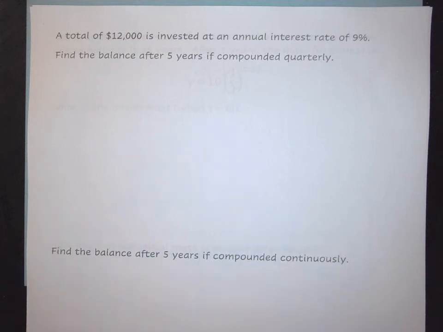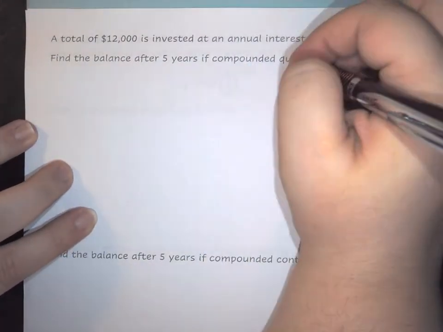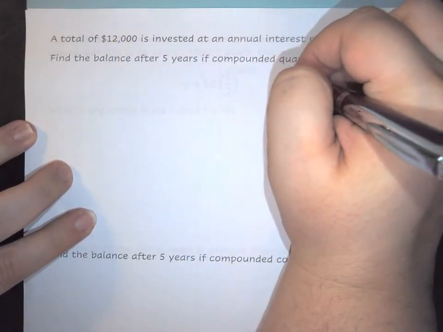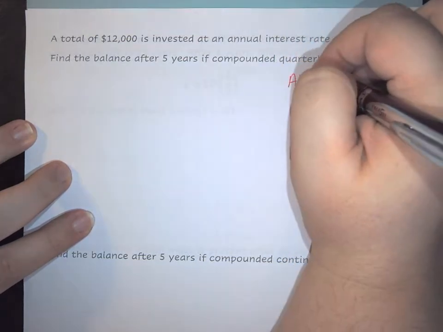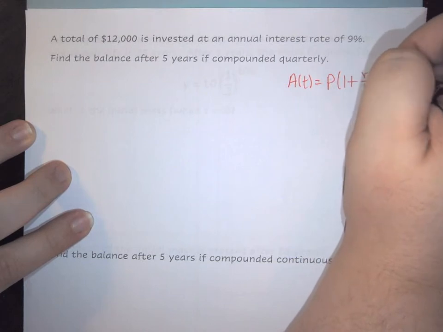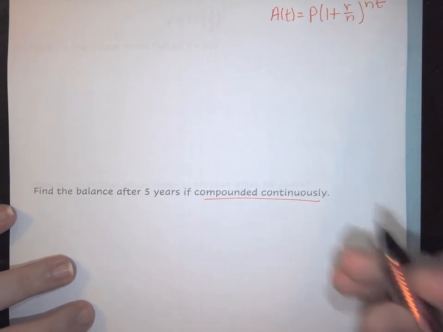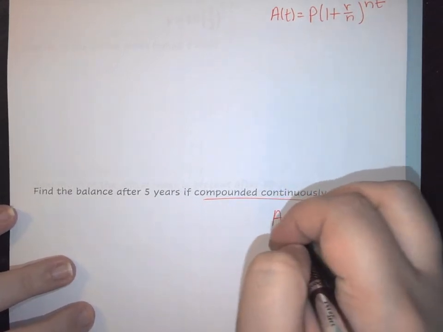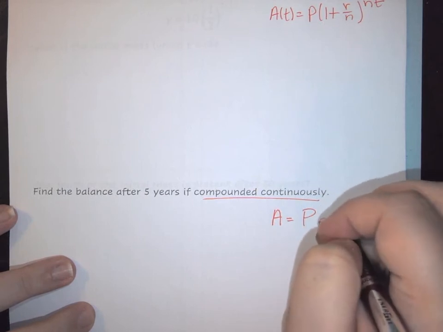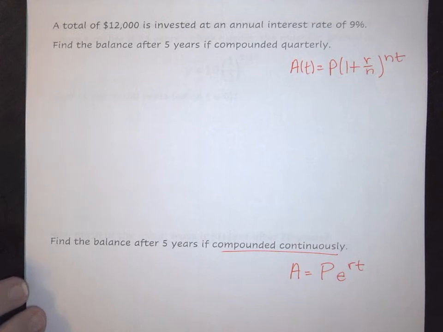Okay, so first things first, we've got this compounded quarterly, so we are going to be using that A of t equals P times 1 plus r over n raised to the nt. However, down here we've got compounded continuously, so this is called the PERT equation. This one is going to use A equals P e to the rt. Okay, so two different equations, but most of the information used is going to be very similar.